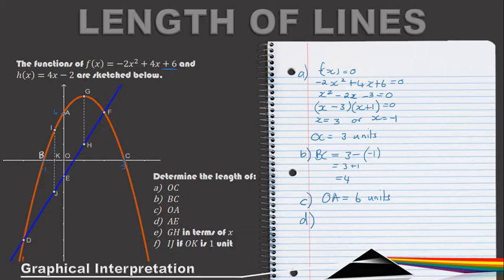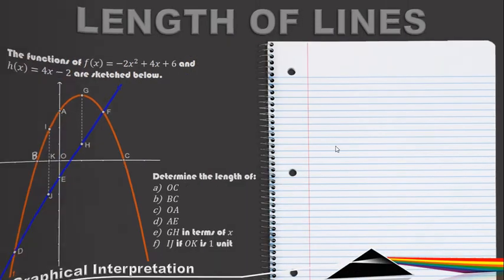Once again, E is the y-intercept for the straight line, and we can see that it lies at minus 2. To find this distance, we see that this is 6 units and this one is 2 units. So AE is equal to 6 plus 2, which is equal to 8.